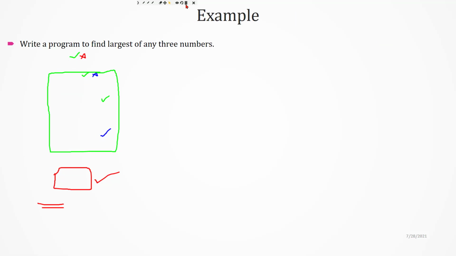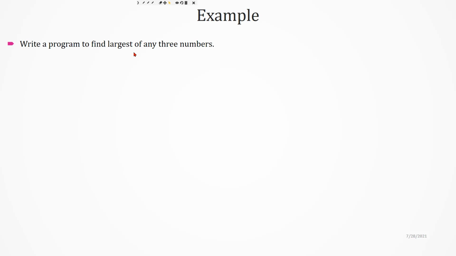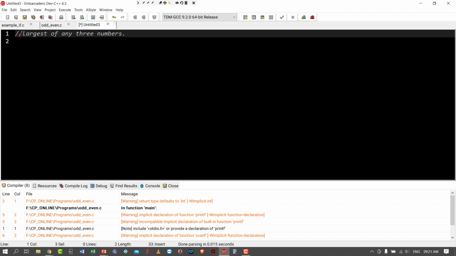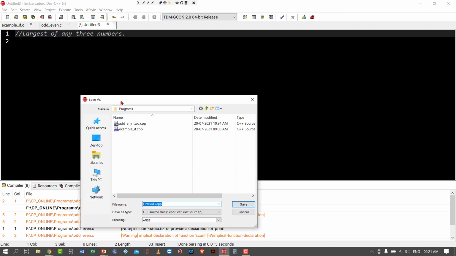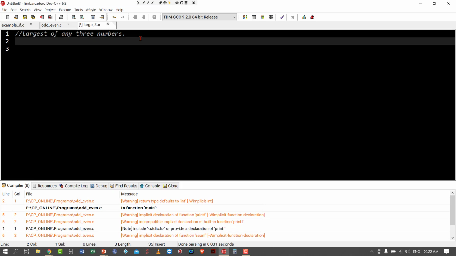Here the example program is, write a program to find the largest of any 3 numbers. So adding a comment: large underscore 3, sorry, 3 comma C. So I will ask some names.